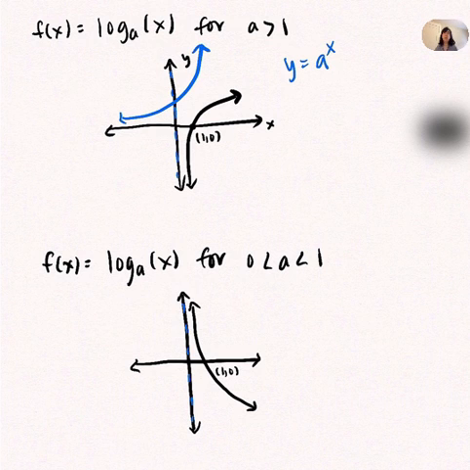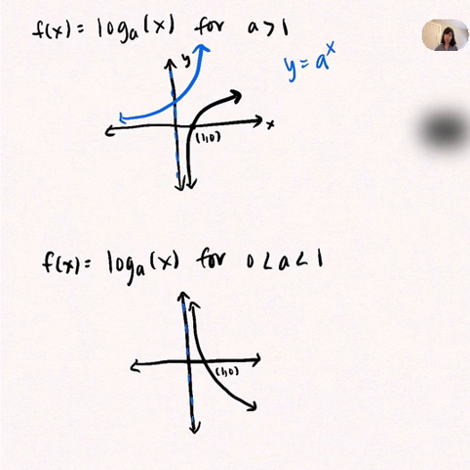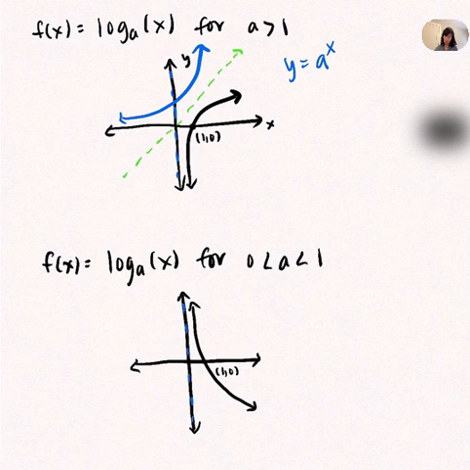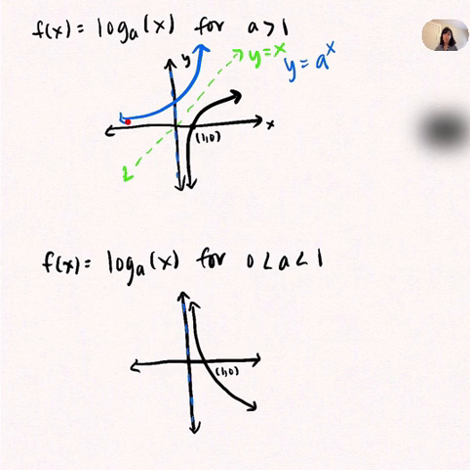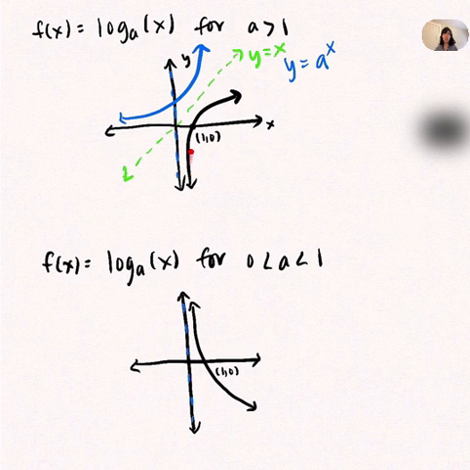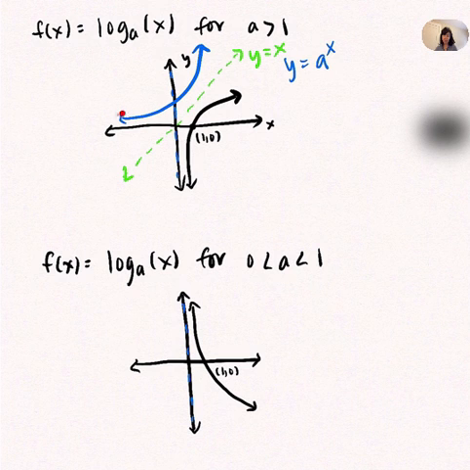And we've obtained this log base a of x function by reflecting the exponential function over the line y equals x. So with inverse functions, you get their graphs by reflecting over the line y equals x. So the graph of log base a of x actually comes from the graph of y equals a to the x.